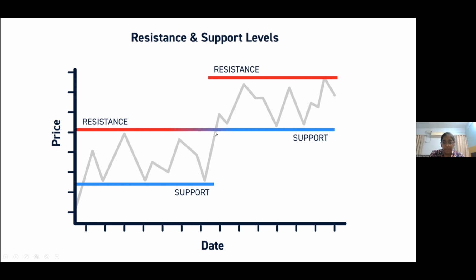So after this line is breached and after the landmark judgment of the government, this 30,000 line becomes a support line for the price trend. This line, which was once a resistance line, is now a support line. And then the highest price after which the stock or gold encounters a downfall is known as the resistance line.